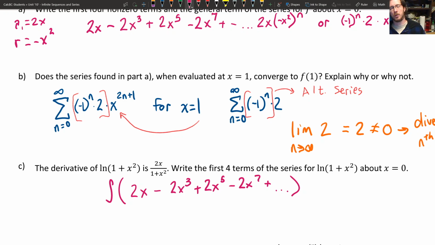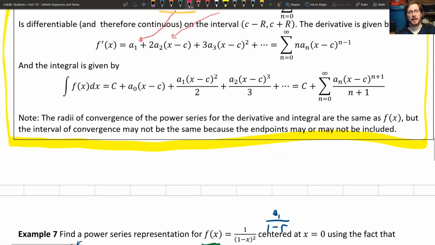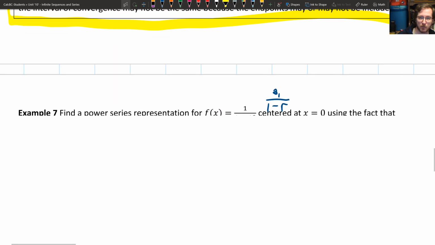Because again, remember the theorem we just looked at in our box on our previous page: if we have a function that can be written as a power series, then we can take the derivative of each of the terms to find the derivative of our function, or we can integrate each of our terms to find the antiderivative of our function.